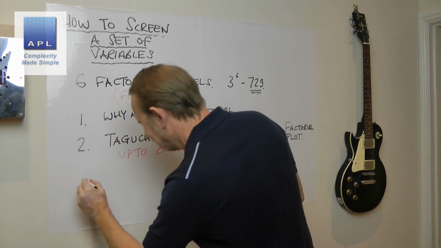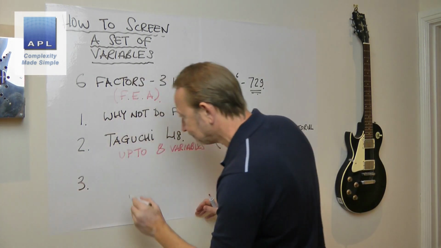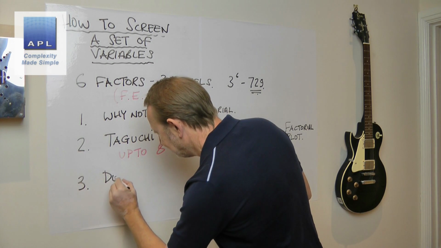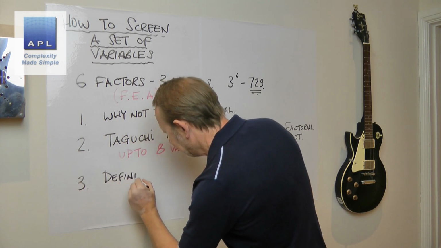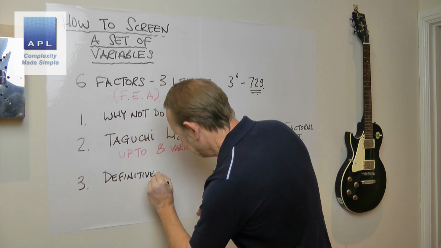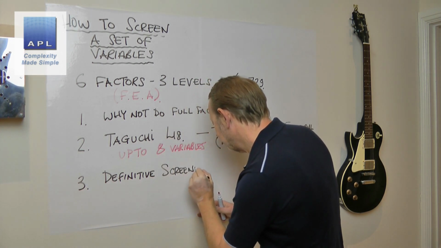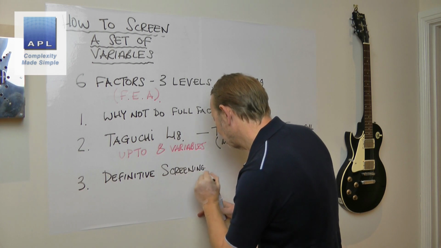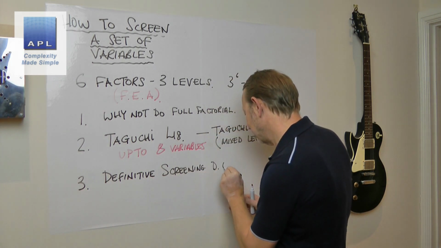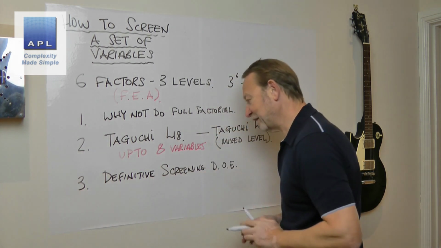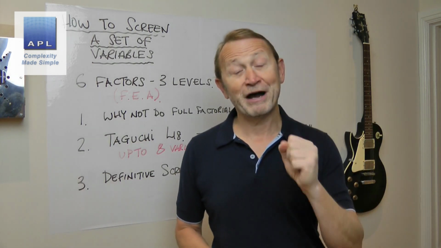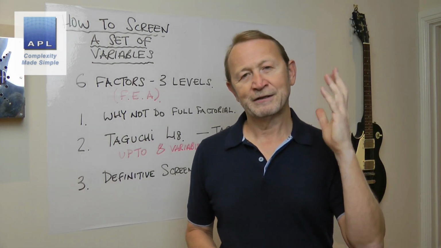And your third option is a definitive screening DOE on Minitab. Now you mentioned you have Minitab 17.